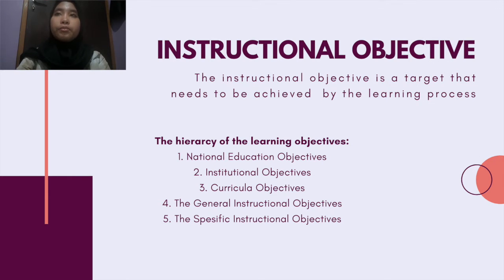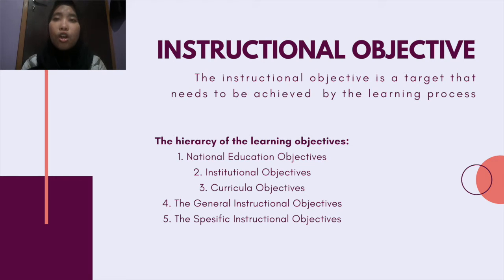Below the national education objective, in the second place, there is the institutional objective. An institutional objective is an objective that is wanted to be achieved by each school or education institute.